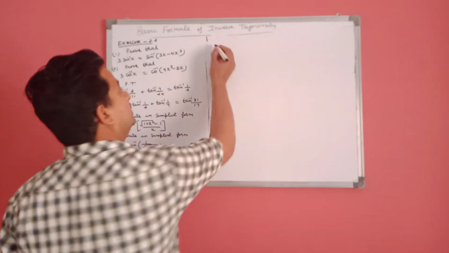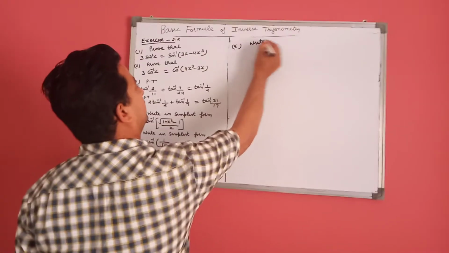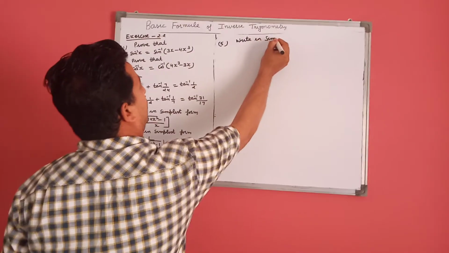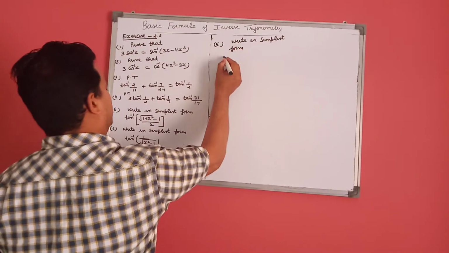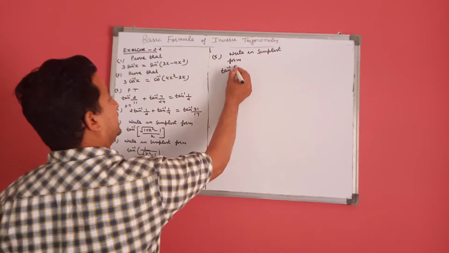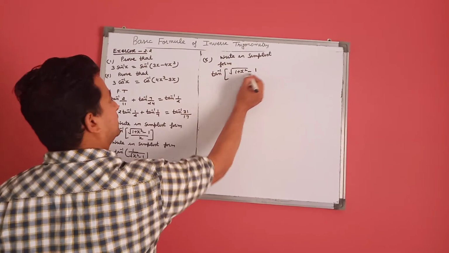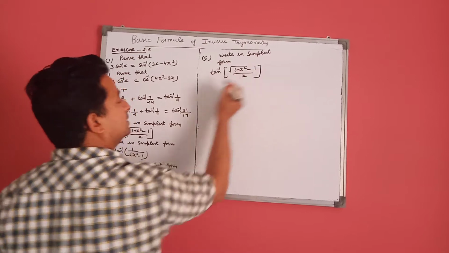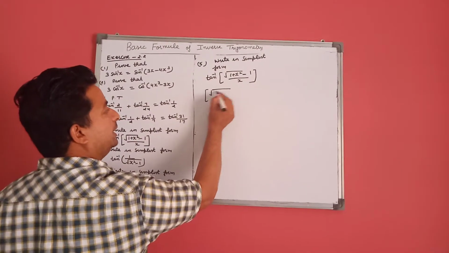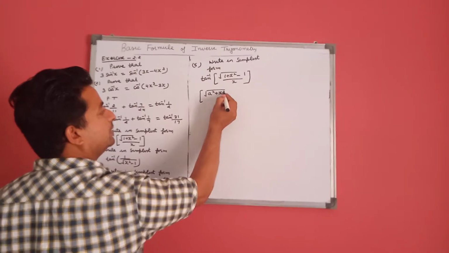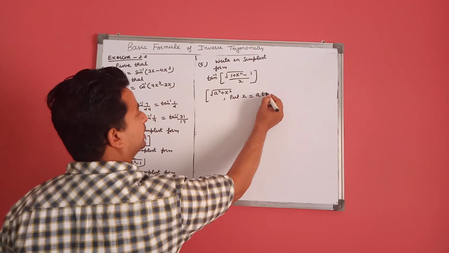In question number 5, the statement is write in simplest form. The question is tan inverse of root of 1 plus x square minus 1 over x. As we know, in an expression like a square plus x square, we put x equal to a tan theta.